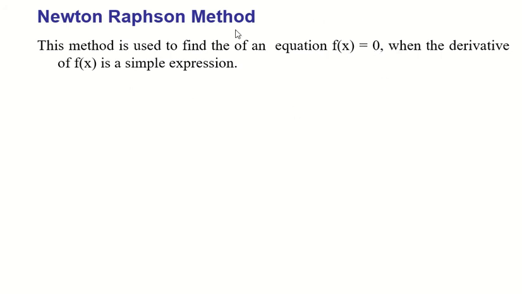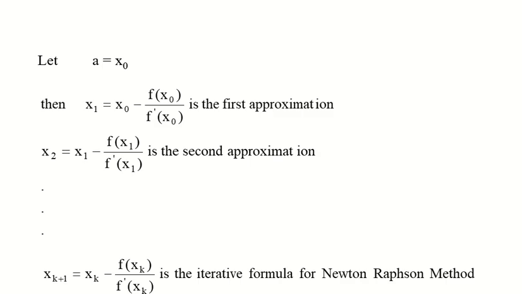This method is used to find the solution of the algebraic or transcendental equation when the derivative of f of x is a simple expression. So both the methods we are using to find the solution of f of x equal to 0. This method is especially used when f dash of x is a simple expression. So we shall see what the formula is.